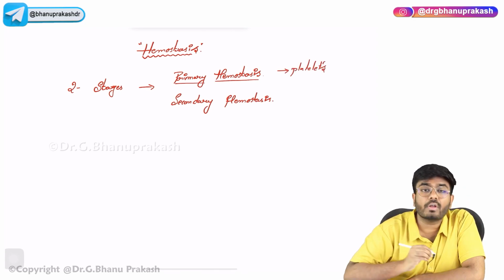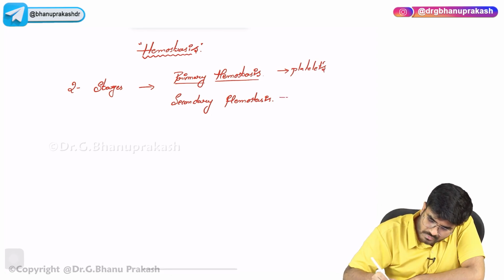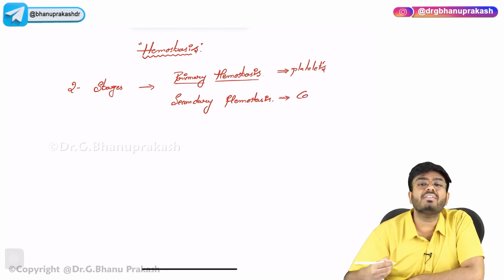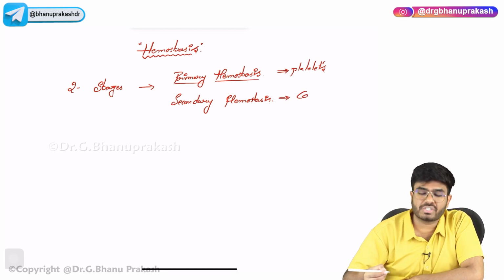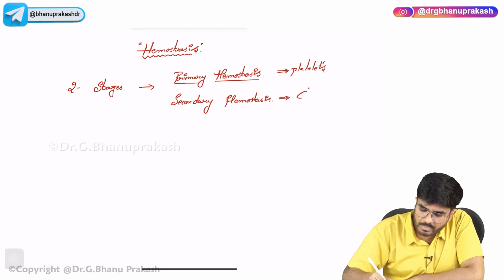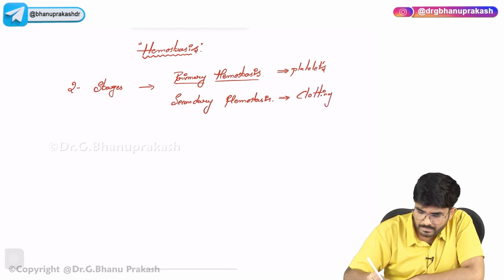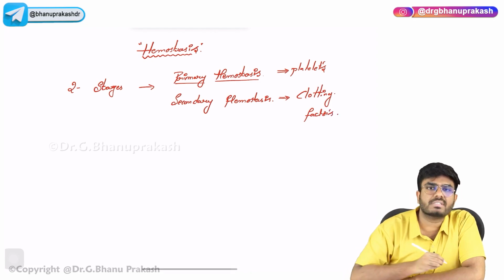Then who is involved in secondary hemostasis? In secondary hemostasis, the clotting factors, the coagulation proteins, are involved.